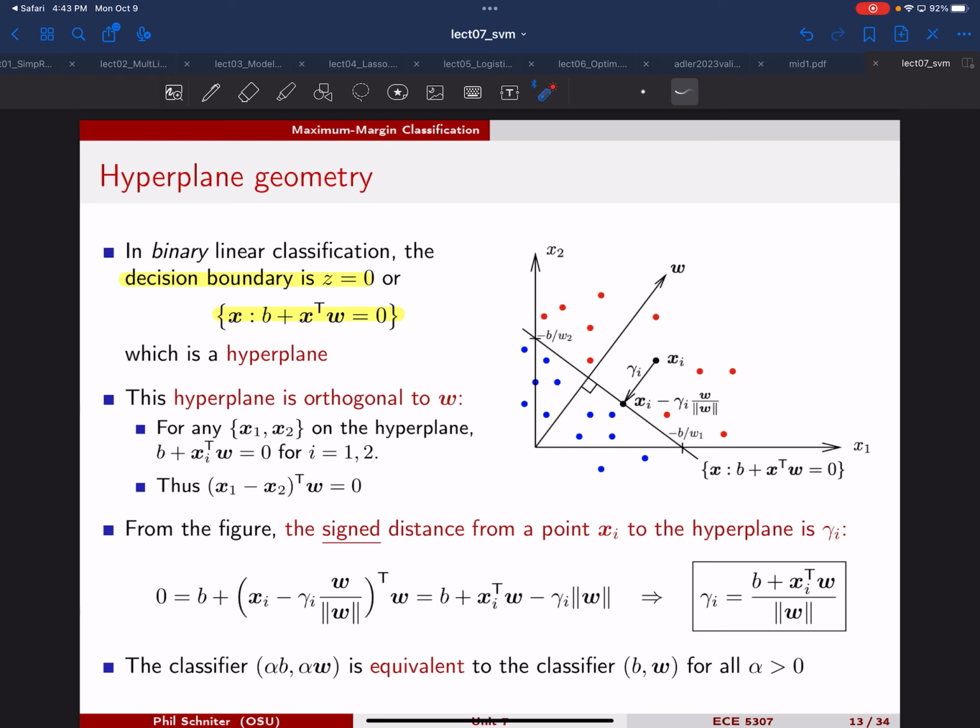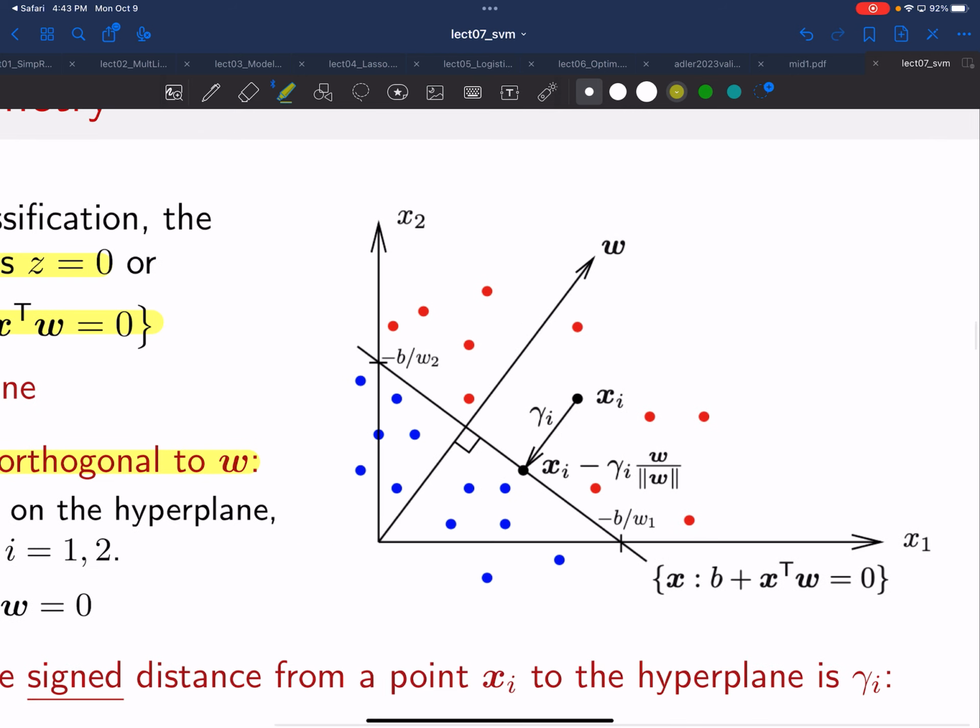The first important point is that this hyperplane, this decision boundary, is orthogonal to the weight vector w. Here, if this is the origin, the weight vector w is going off in that direction, and that is orthogonal to this boundary.